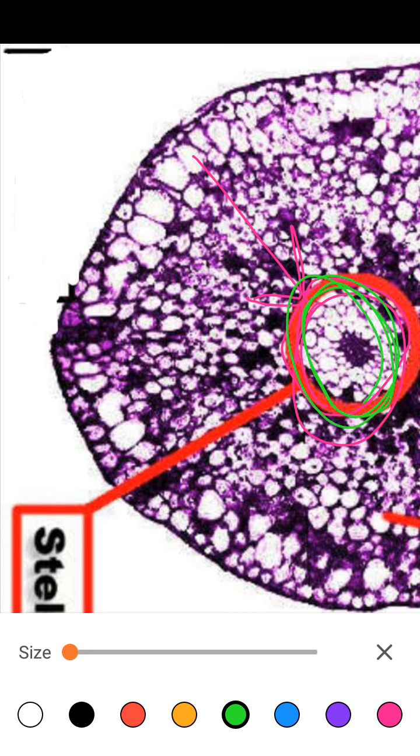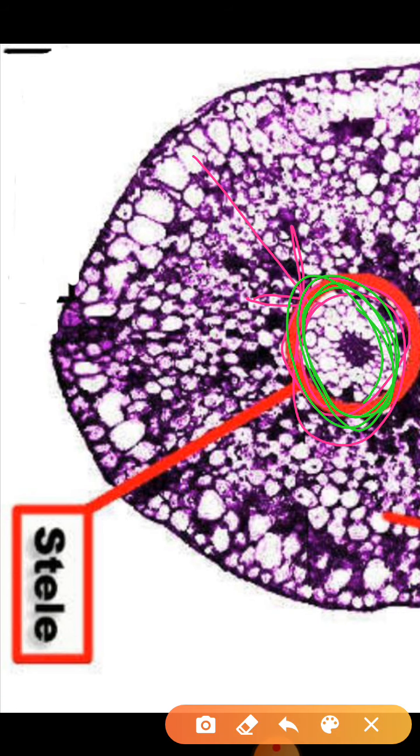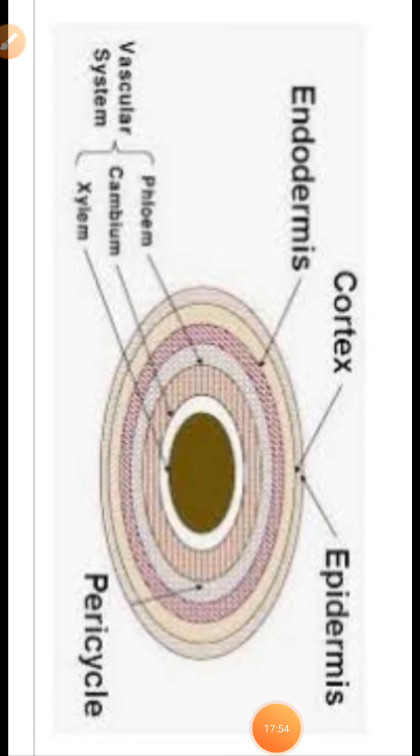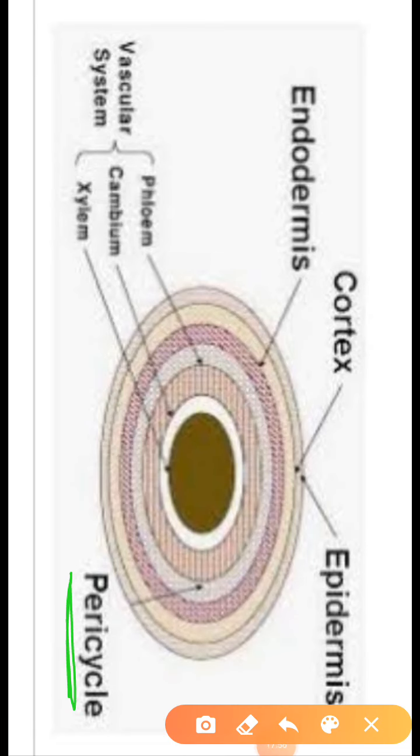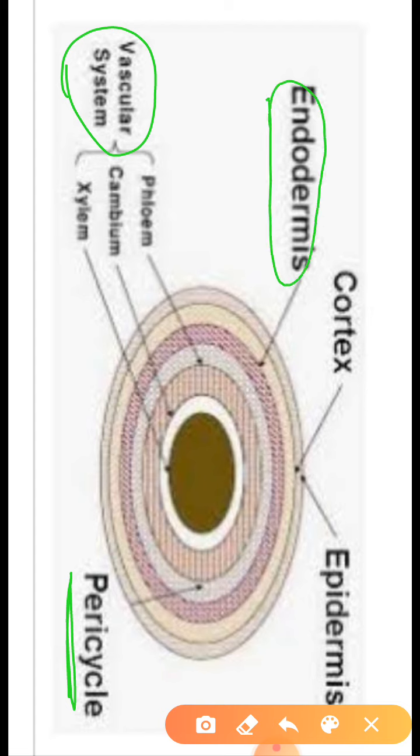Pericycle occurs between vascular bundle and endodermis. It is multi-layered parenchymatous with alternating patches of sclerenchyma.